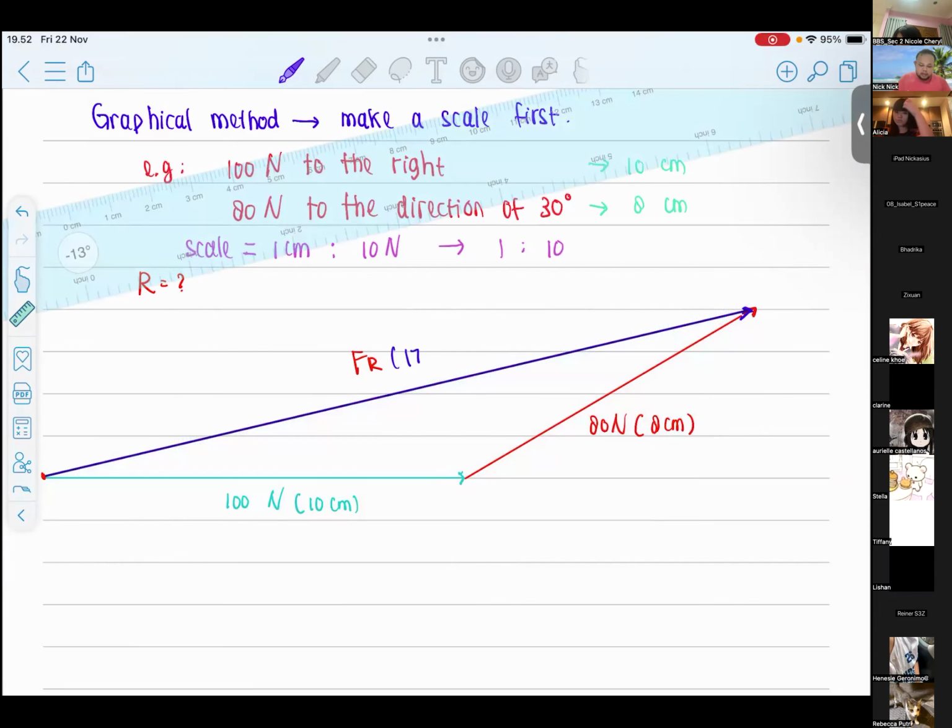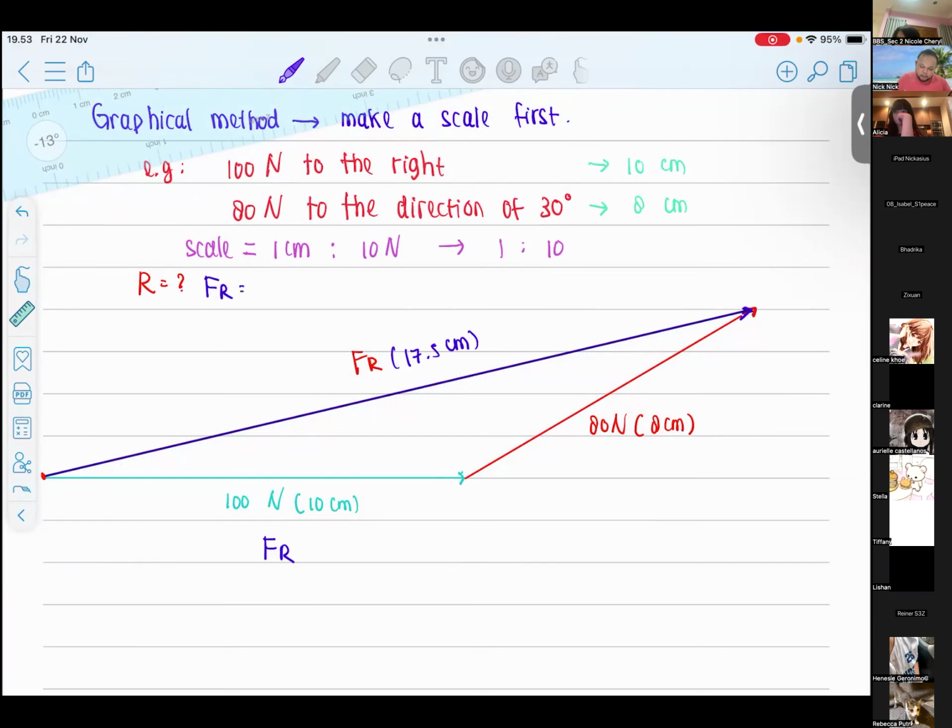So the resultant FR is 17.5 times 10 newtons, it is 175 newtons. Do you understand?